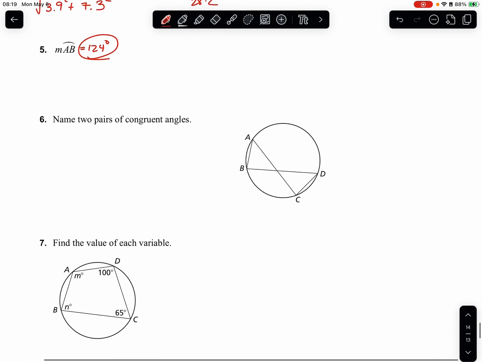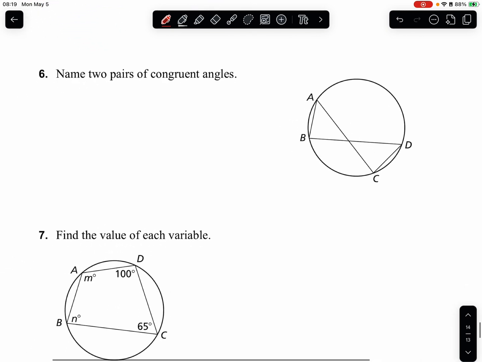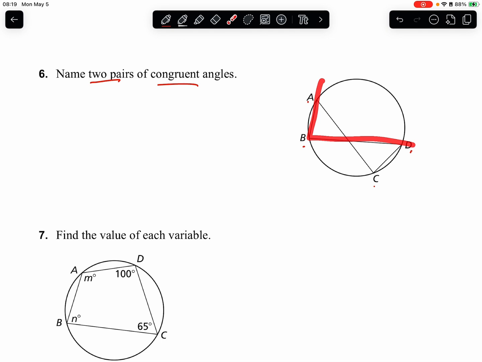All right. Going a little bit faster, we're almost done here. Two pairs of congruent angles. So we see four angles that are all what we call inscribed angles. Notice angle B captures that arc. Notice angle C captures that arc.